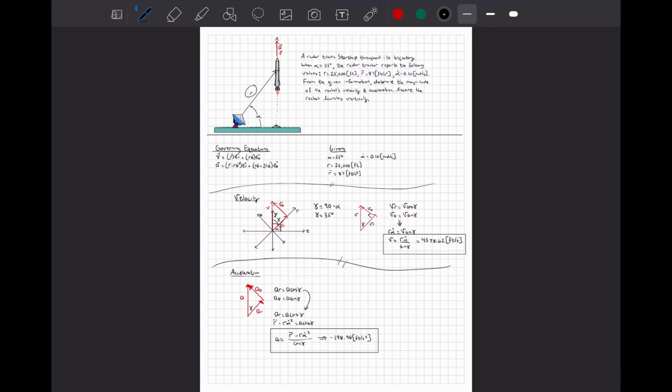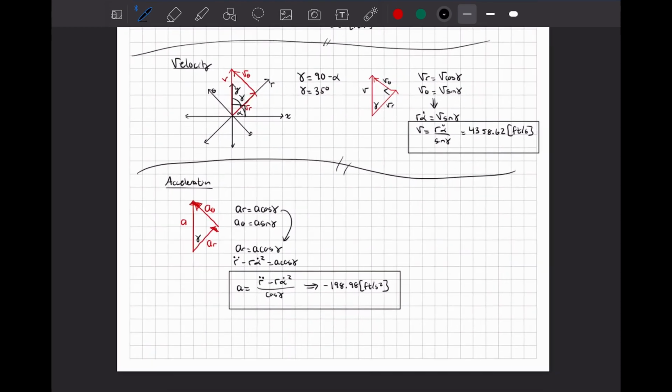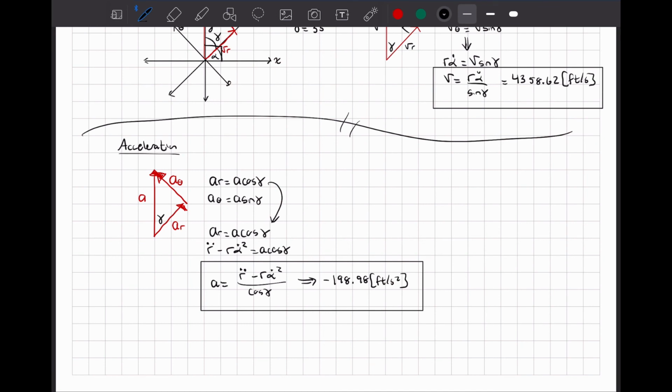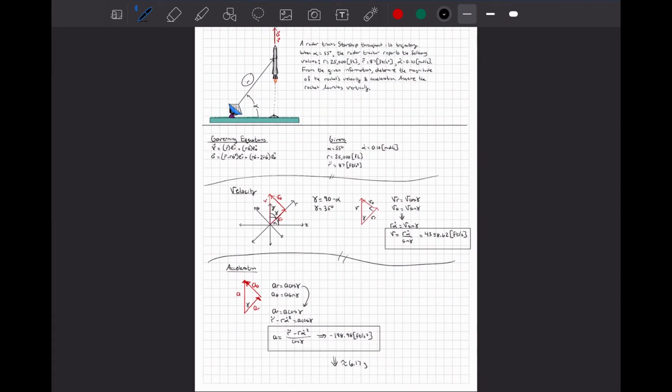So if I have this rocket going up, and we would imagine it's accelerating, perhaps this negative acceleration here, perhaps that's not correct. Does that make sense? If we convert this to G's, we see it's about 6.17 G's. So that's a lot of deceleration for a rocket that's supposed to be breaking through the atmosphere.